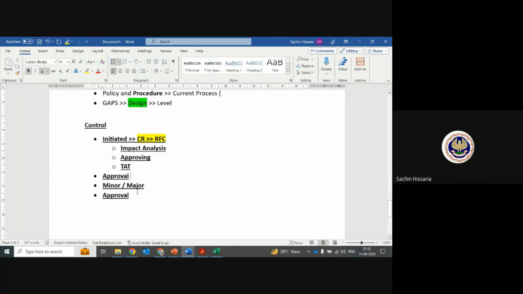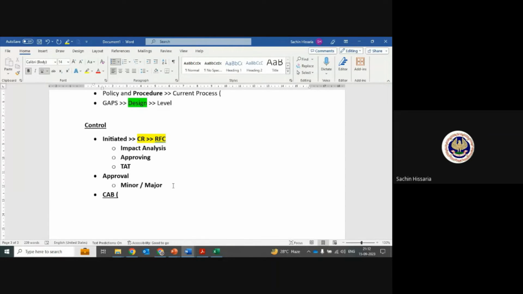While doing this approval, the organization will also identify whether this change is a minor change or a major change, because depending on the criticality of the changes, the process may differ. For example, for major changes, suppose I need an approval from the CAB as well. Now you might be thinking, what is this CAB?